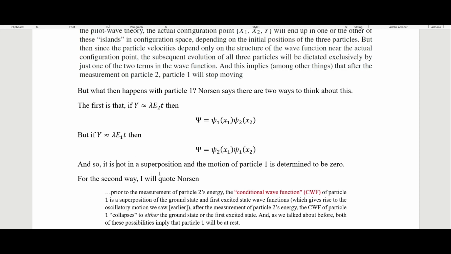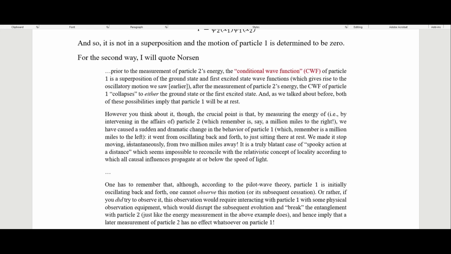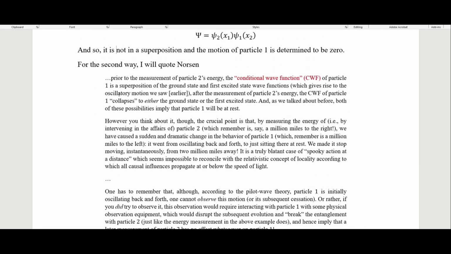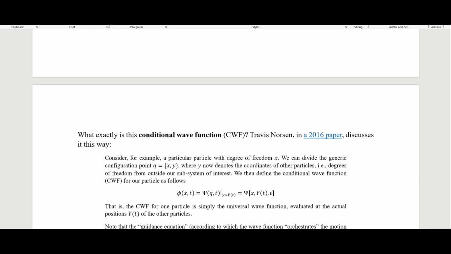And so it is not in a superposition, and the motion of particle 1 is determined to be 0. The second way to think about it, I'll quote Norsen here again at some length. Prior to the measurement of particle 2's energy, the conditional wave function, and I put this in red because I'm going to talk about this in a little more detail down here.